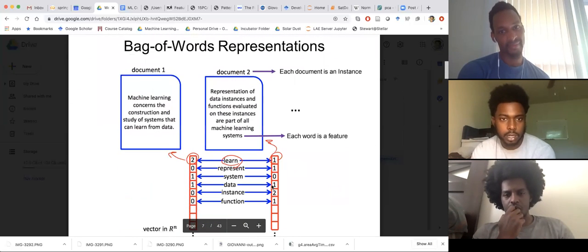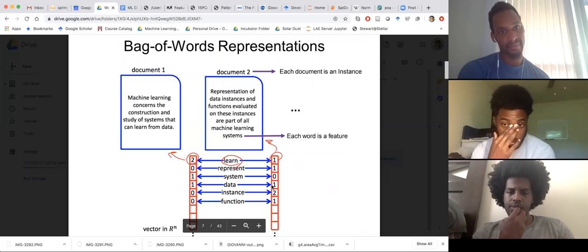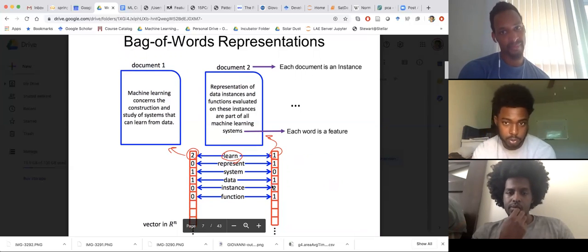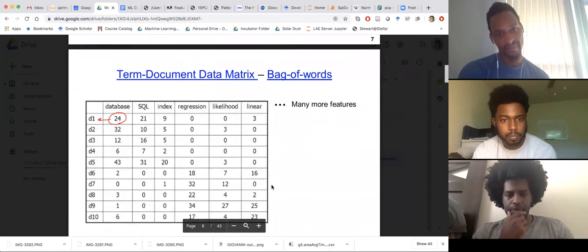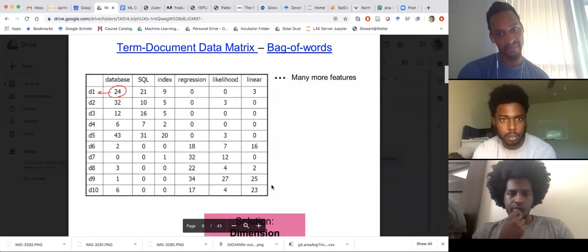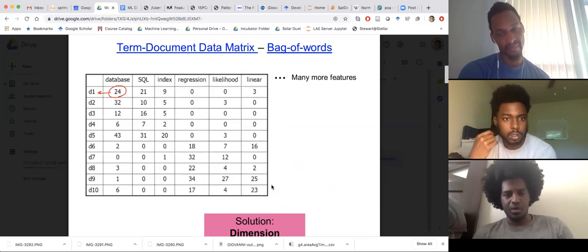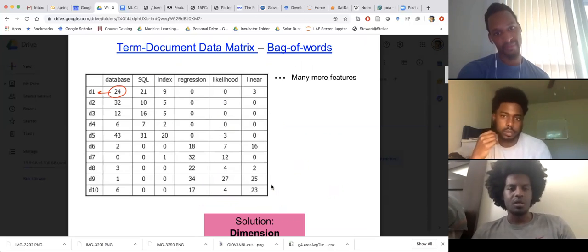Okay, I guess this is just another example of that. Maybe you're trying to find the relationship between these two documents. And we have another one here. You're trying to find out what the relationship is between all of these different features.